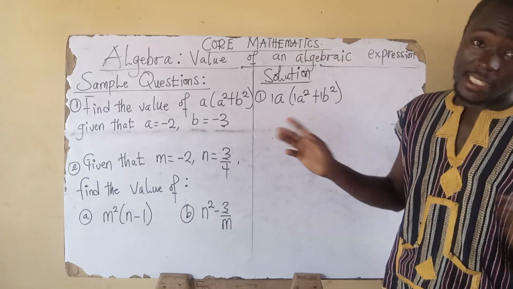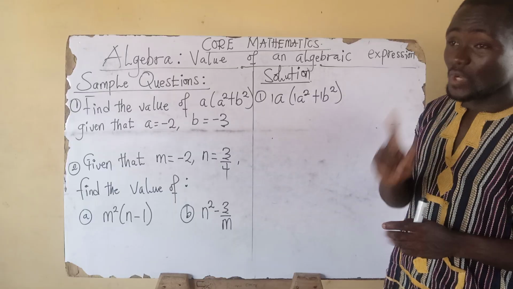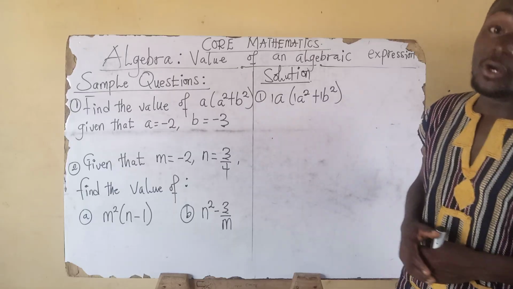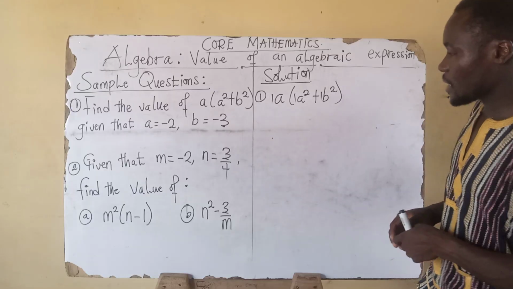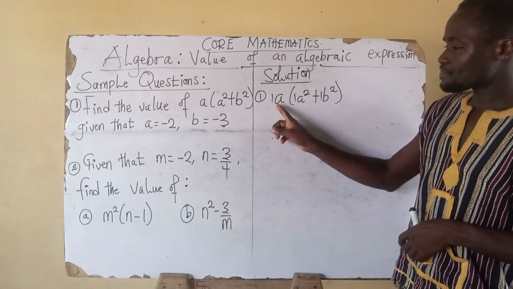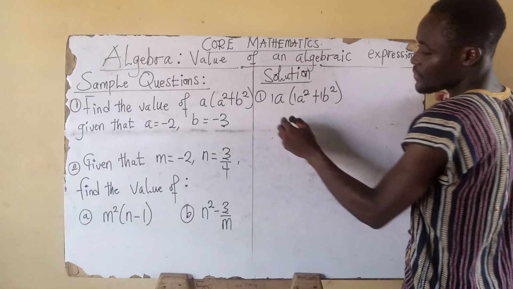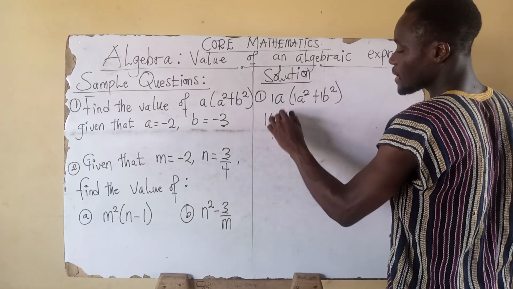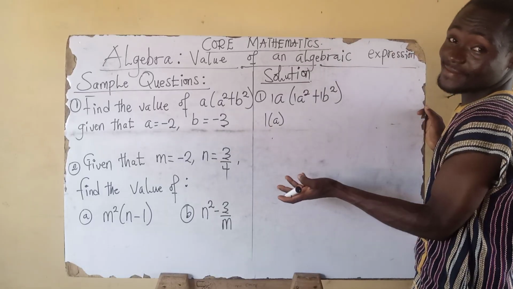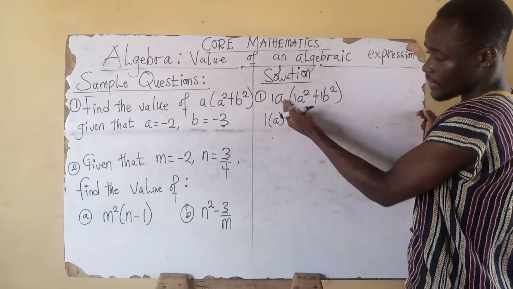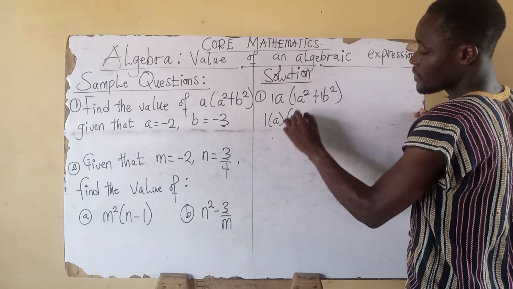You cannot choose any other number except 1, because we don't normally write 1 in algebra. Now also have it in mind that the a is multiplying all that we have here. So with this, I can rewrite this as 1(a). I've not changed anything, okay? Because if I multiply 1 times a, I'll get a. Are we good? Very good.